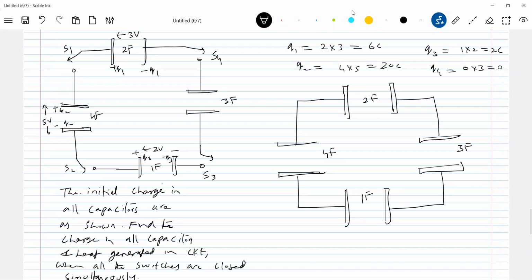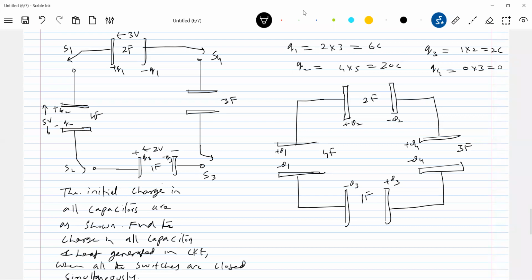I'll just assume like this: plus Q1 minus Q1, plus Q2 minus Q2, plus Q3 minus Q3, plus Q4 minus Q4. But sir, you didn't bother about polarities. If I get a negative, I'll change the direction; I change the sign of that given plate. Let me assume it is a positive plate. If I get Q2 negative, I'll change the polarity of that. Then how many unknowns are there? Q1, Q2, Q3, Q4. Definitely we need 4 equations.